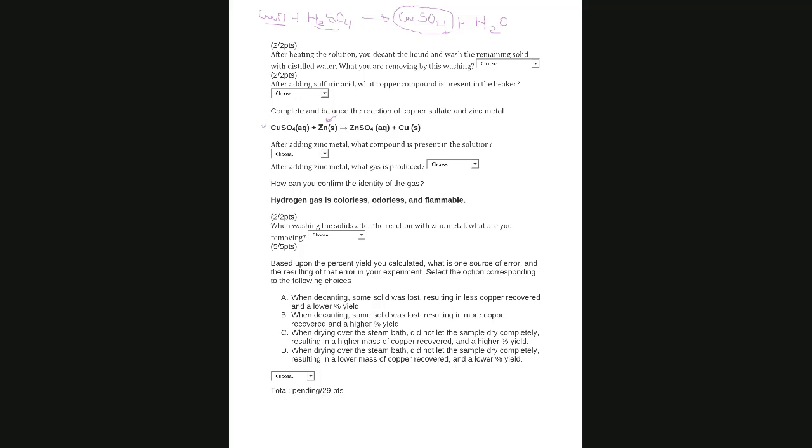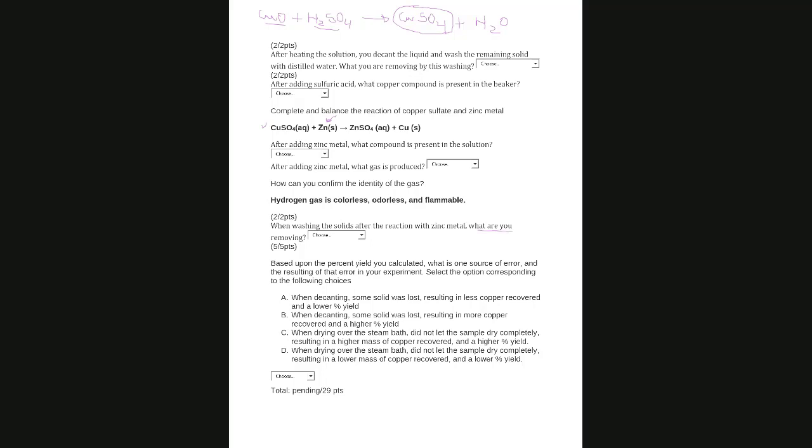It's also colorless and has no odor, but because it's flammable, we can do that. So this would be that, and then what else? And the last question, when washing the solid after the reaction with zinc, what are you removing?